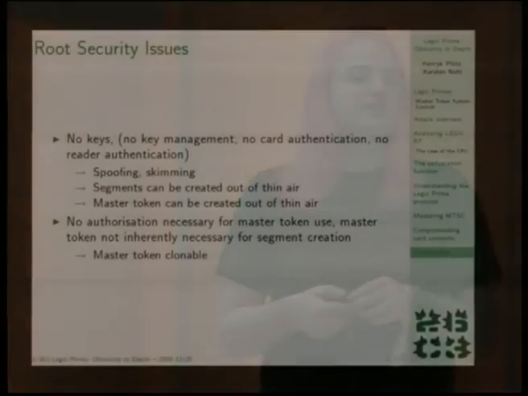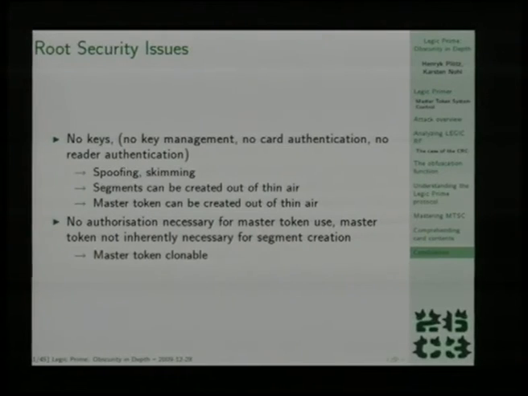The root security issues that we found are no encryption, no keys, which also means there's no key management, no card authentication, no reader authentication, which easily enables spoofing and skimming. That's one of the big problems of this card type, which is why this problem is even worse than with MIFARE Classic. With MIFARE Classic, the read distance was given at 10 centimeters, and that was optimistic.